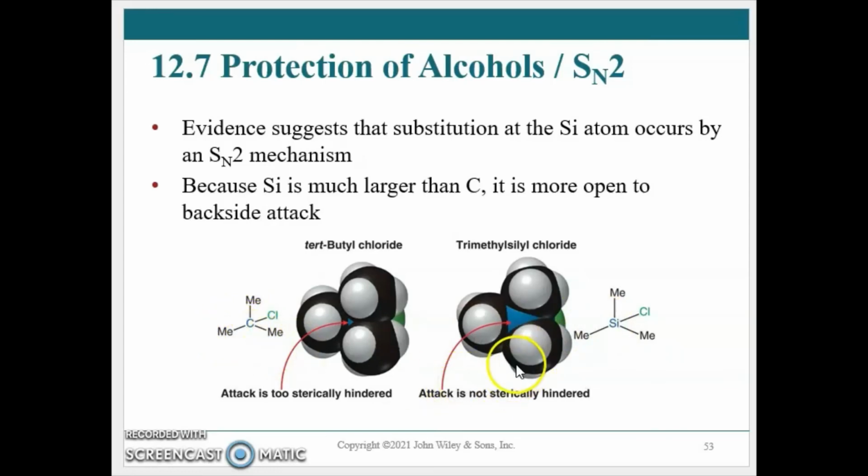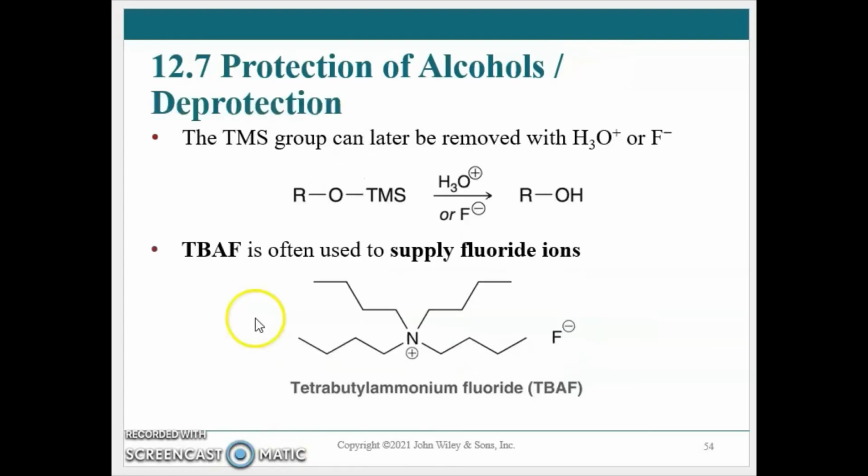So the steric hindrance is much less, so that a nucleophile can get in to this tertiary silicon atom for a backside attack. Then after our reaction is complete, the trimethylsilyl group can be removed with either acid or fluoride ion, and tetrabutylammonium fluoride, TBAF, is a common reagent to supply fluoride ions.